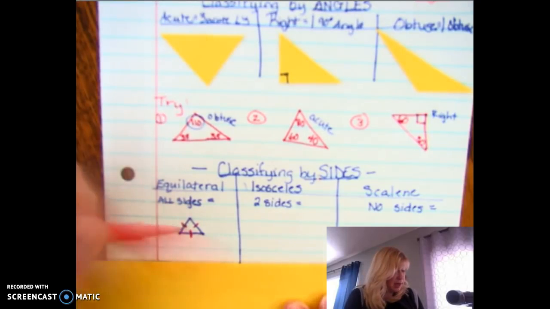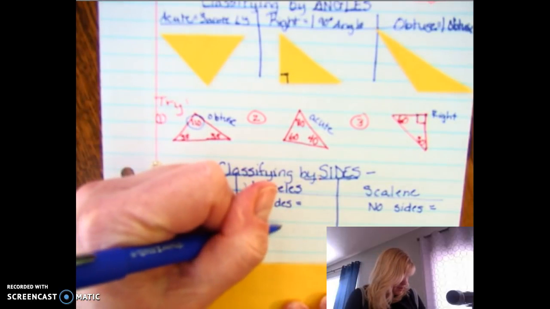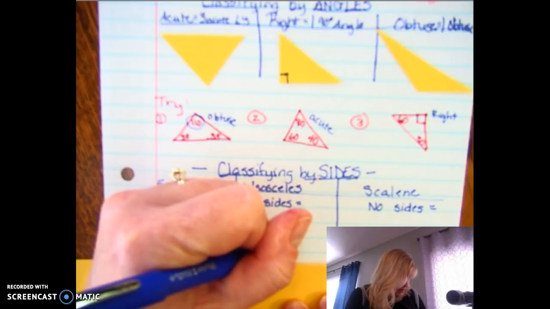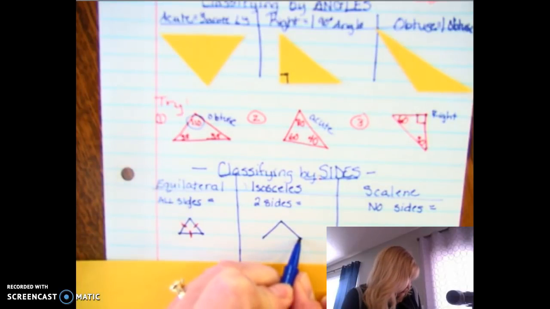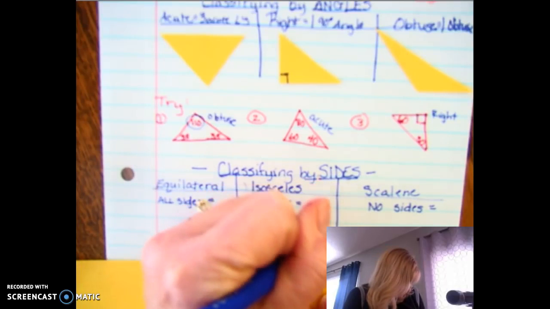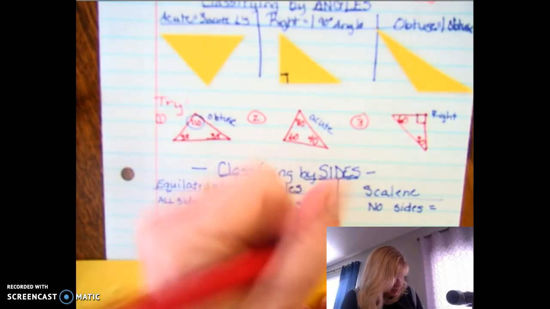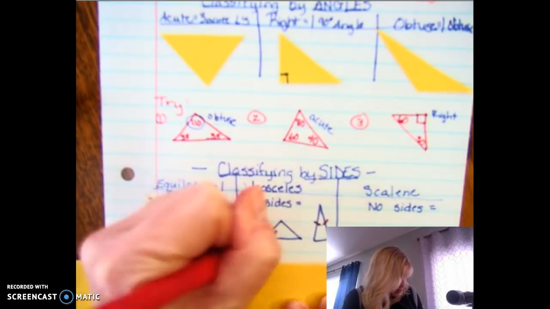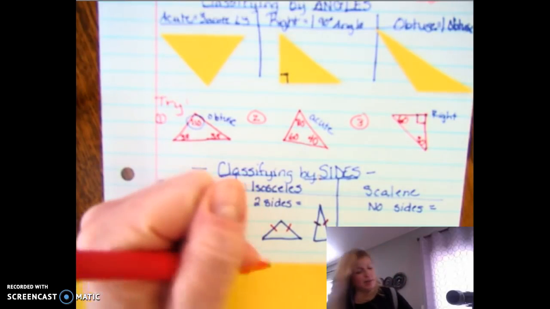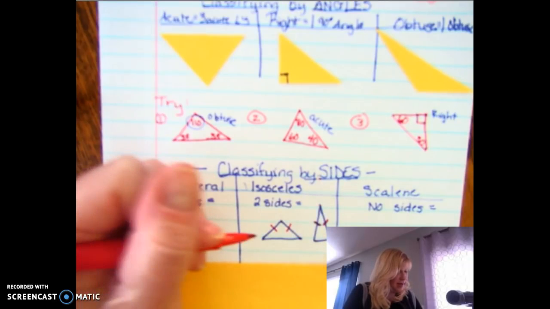But if the sides are marked up, and I'm going to show you that with the isosceles triangle, and this one I'm going to try to make a little bit more, and it doesn't matter whether it's like this or like this. If these, I'm going to use red, if these two are the same, there are two sides that are the same, you might say, well, Miss McKinley, this is also acute.